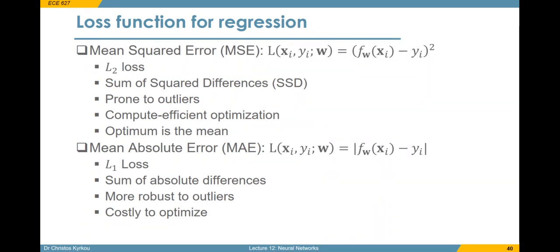And the L1 takes the absolute value of the difference between the prediction of the network and the ground truth label. So in general, both functions can be used in regression problems, but L2 is theoretically a bit more stable. However, the L1 loss is more robust to outliers. However, L2 is more commonly used in different problems.